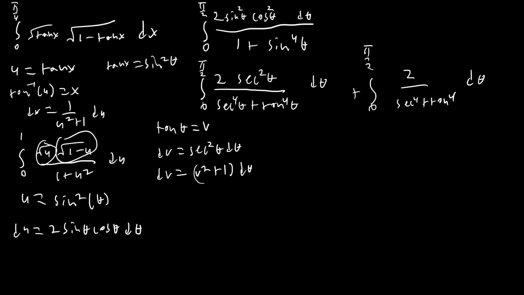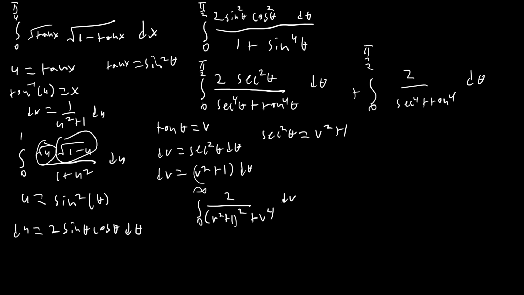So on this leftmost integral, we're just going to have the integral from 0 to infinity of 2 over, now remember that secant squared theta equals v squared plus 1 because of how tangent works, so we're going to have v squared plus 1 squared plus v to the fourth dv.